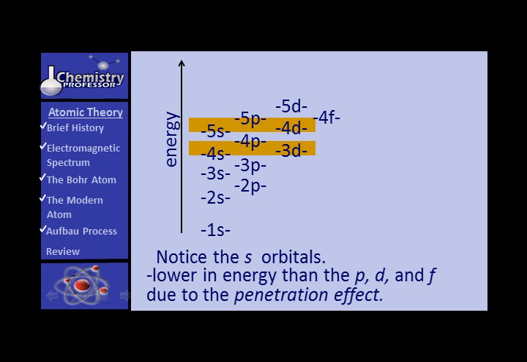There may be more attraction to the nucleus of those s electrons. So when we consider that, and we're debating between the 4s and the 3d, then what do you think should happen? I think you'll conclude that the electron should go into the 4s rather than into the 3d.